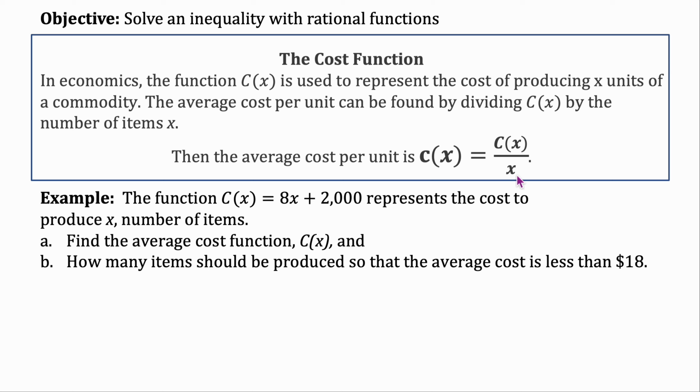Okay? So now that we kind of know what those things are, in the example, it says that our cost function is 8x plus 2,000, and it is the cost to produce X number of items. The first thing we want to find is the average cost function. And then we want to know how many items should be produced so that the average cost is less than 18.